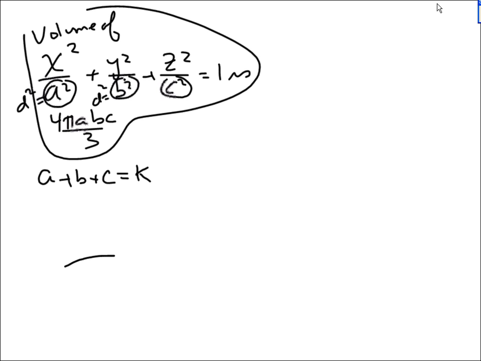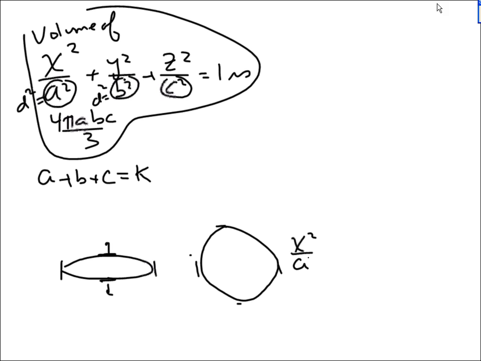Remember, this is an ellipse. If I let these get bigger, but I can keep that distance the same, I'll try my best. But instead of going from here to here, I'll go bigger. At some point, you'll get a circle. The circle is an ellipse. An ellipse is x squared over a squared plus y squared over b squared equals 1.